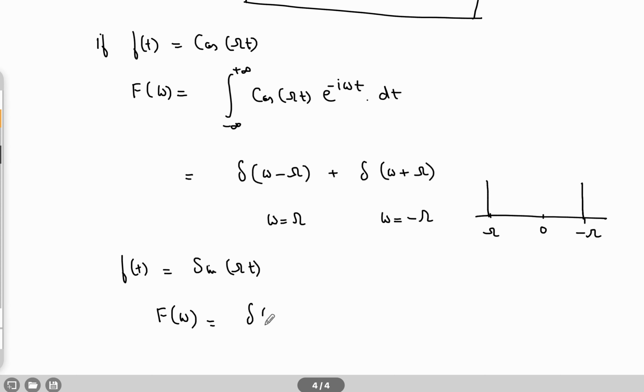So you get delta function (ω minus offset) minus delta function (ω plus offset). That means now you have one signal going up and another signal going down. This is at minus offset.